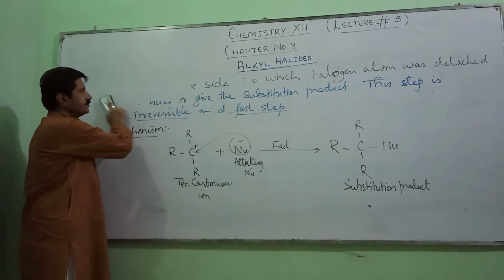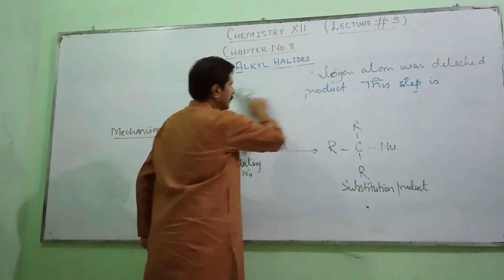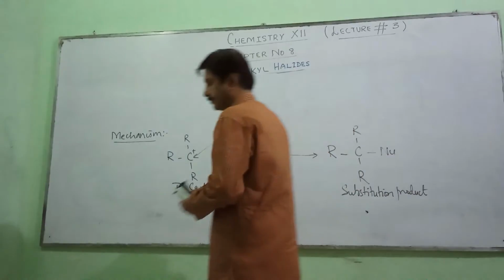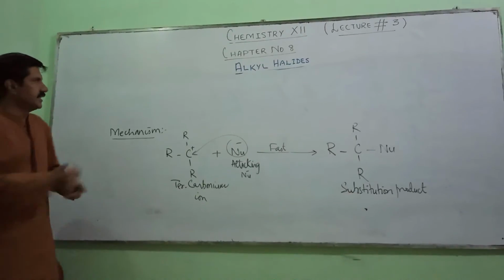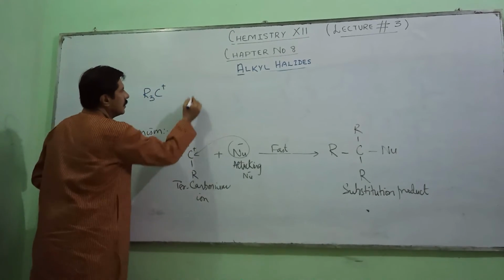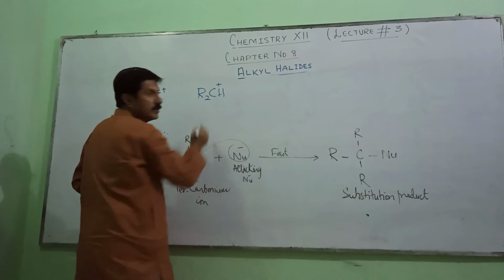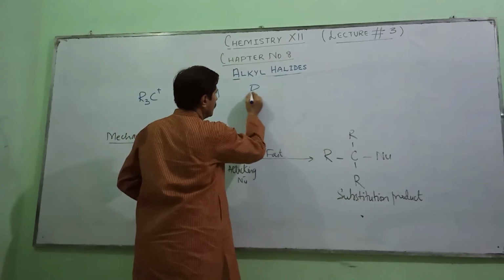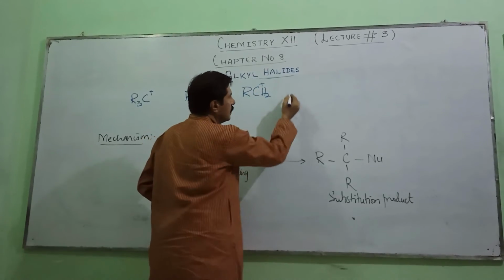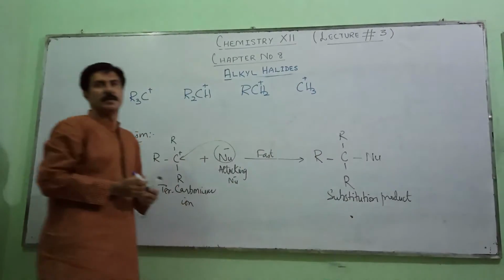Dear students, the carbocations, which I am calling carbonium ions, are of 4 types: the tertiary carbonium ion, the secondary carbonium ion, the primary carbonium ion, and a simple methyl group carbonium ion.